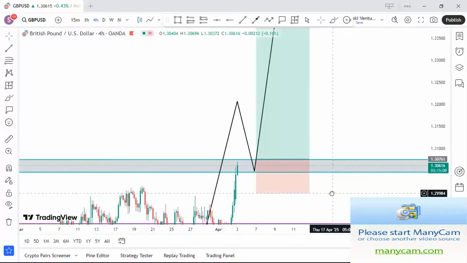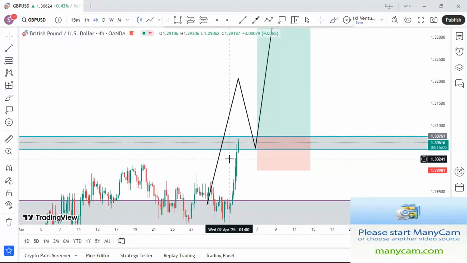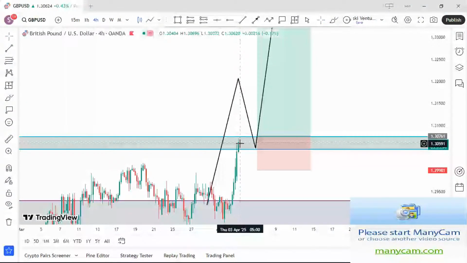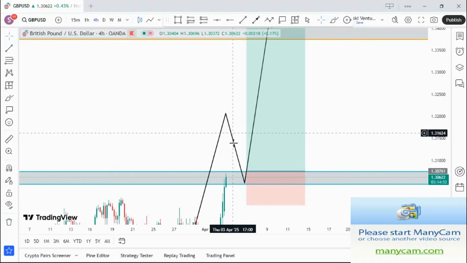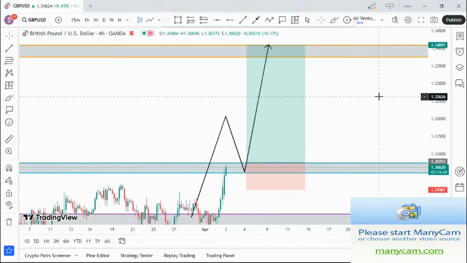And you see price has broken out of the consolidation, tapped, and it's now in the daily demand zone. So I'm just waiting for price to break out of the demand zone, come back for a retest, then GBP USD.